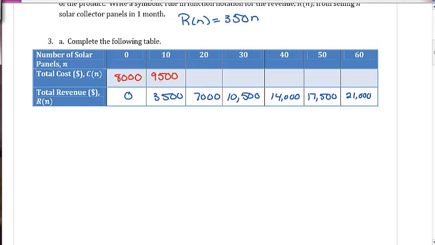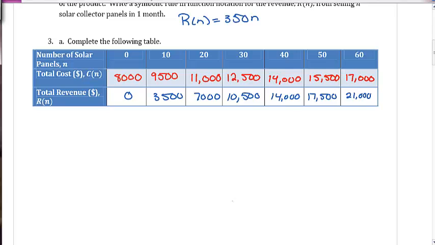So 9,500, if I add 1,500 to that, that's going to be 10, no, that's 11,000. And then add 1,500 to that, 12,500. Add 1,500 to that, 14,000. Add 1,500 to this one, we would have 15,500. And add 1,500 to that, and we would have 17,000.